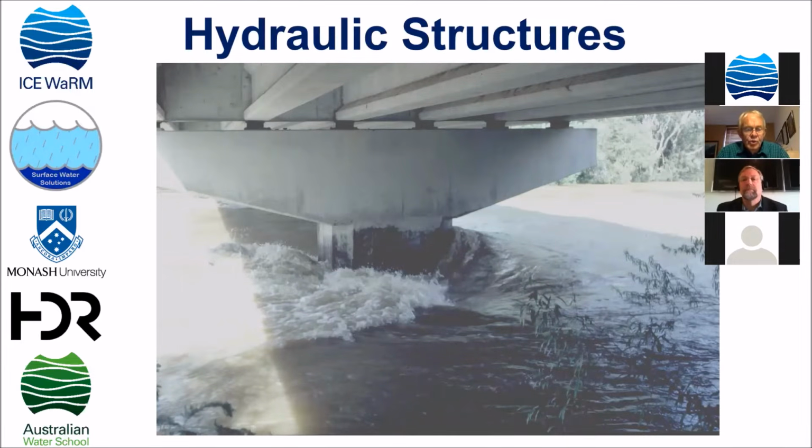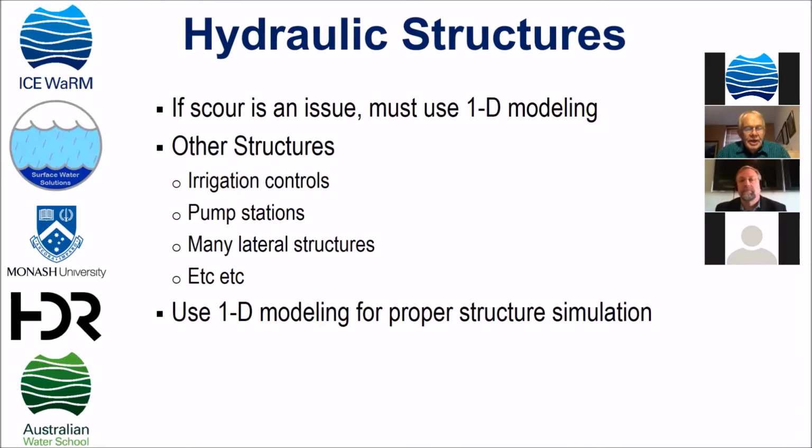This is all modelled well in 1D, and indeed to model this kind of phenomenon you need to use HEC-RAS 1D. If scour is an issue, we must use 1D modelling, and other structures, irrigation controls, pump stations, many lateral structures, etc. These need to be used, and 1D modelling is required for proper structure simulation.